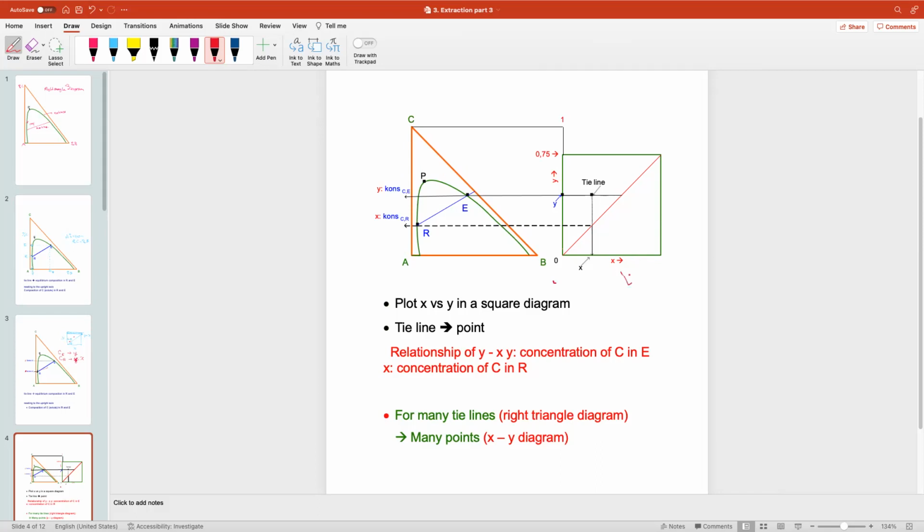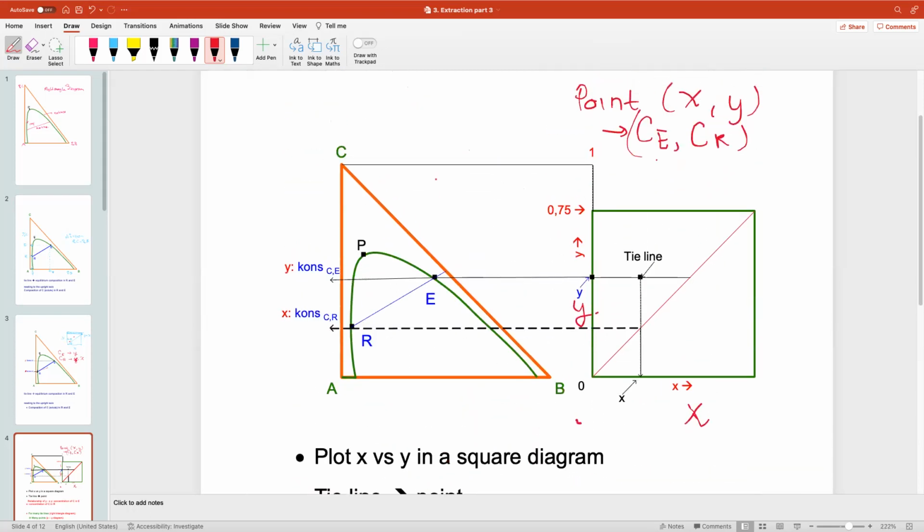So this is the X and this is the Y. Yeah, so any point XY shows you the concentration of C in the extract and also C in the raffinate. Okay, maybe I can make it a little bit bigger here.